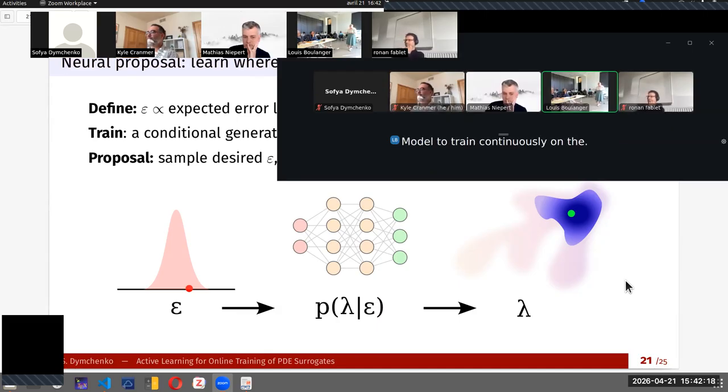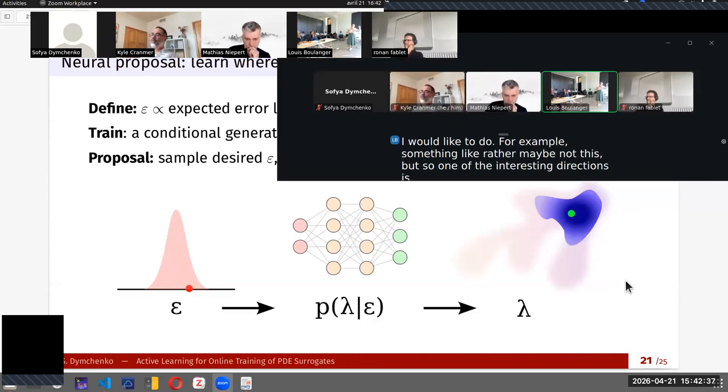So in this online context, or even not online, let's say you have data. One of the interesting directions is that you train some model with this active training, and then you know which data can be useful for training this model, but maybe it can also be transferred as a data set for training.